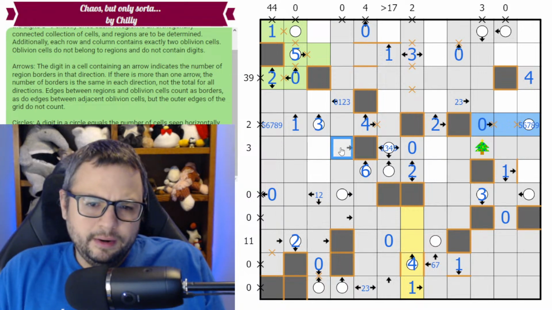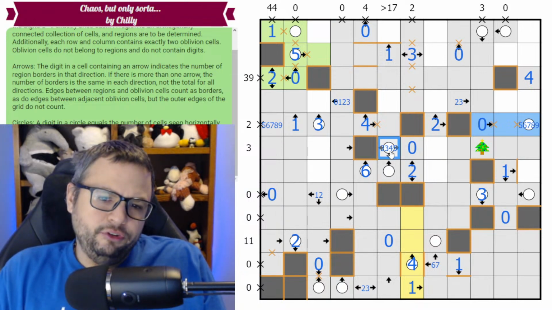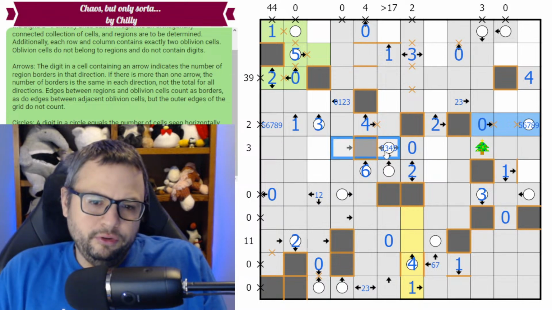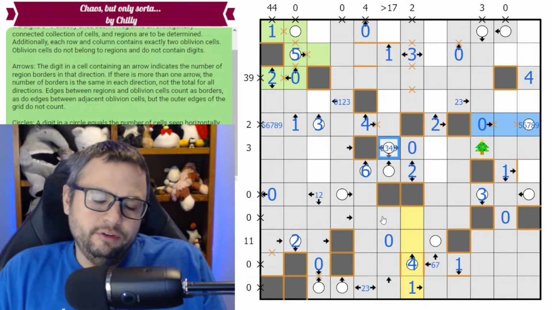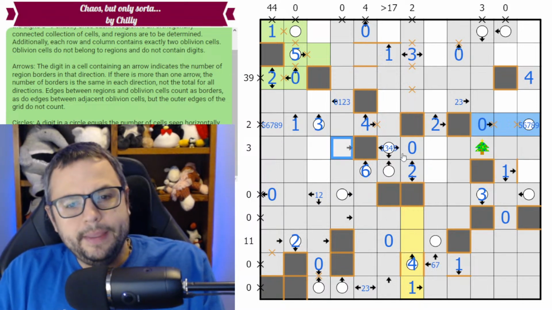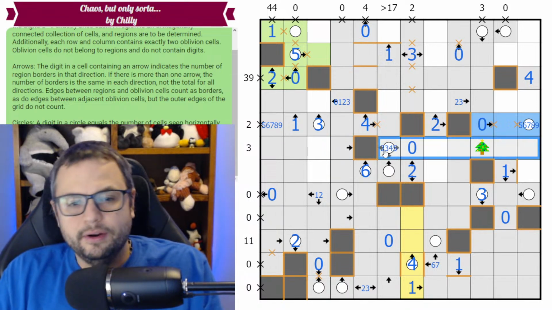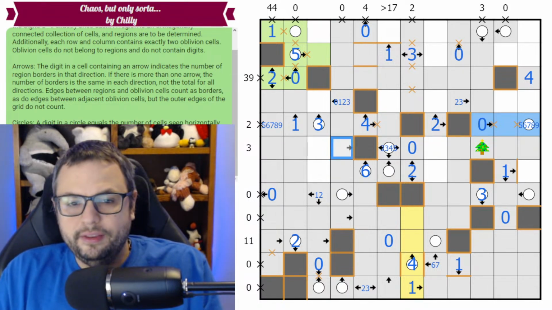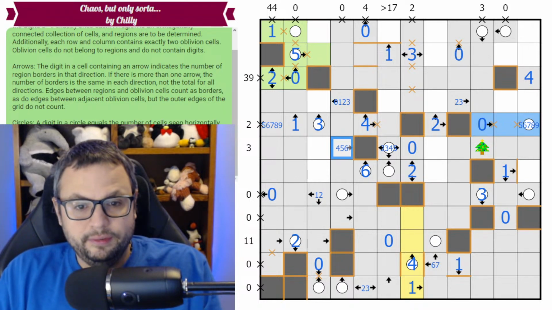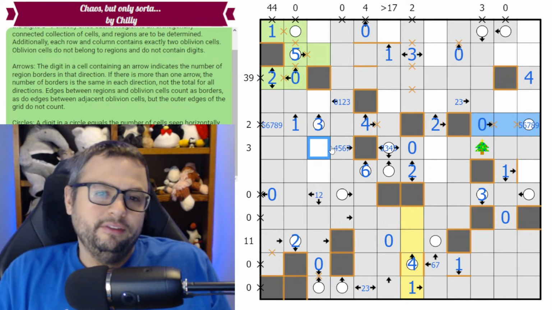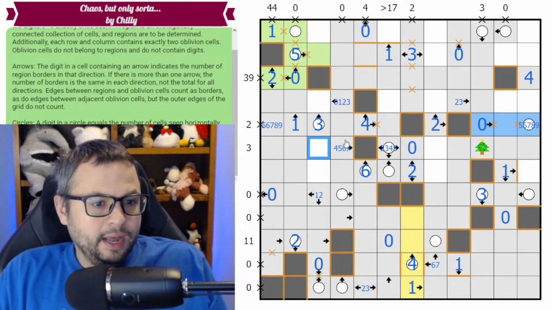But in particular, this cell is at least 2 more than this one, because it sees those 2. In fact, this cell is exactly 2 more than this one, because it sees the borders over here. So this cell is a 4, 5, 6, or 7. In particular, it's not a 3, so this can't be an Oblivion cell.